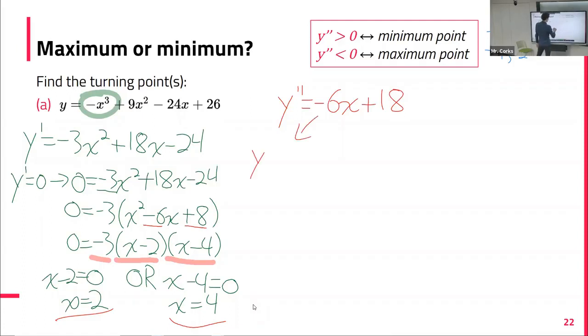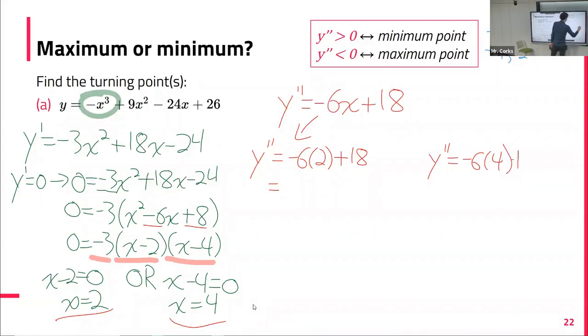So y double prime equals negative 6 times 2 plus 18. And we also have y double prime equals negative 6 times 4 plus 18. What's this result? Positive 6, and this one? Negative 6.